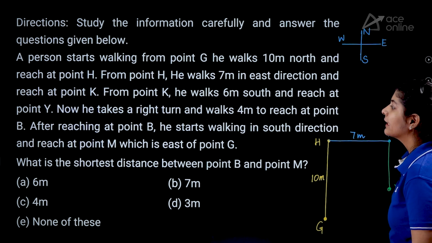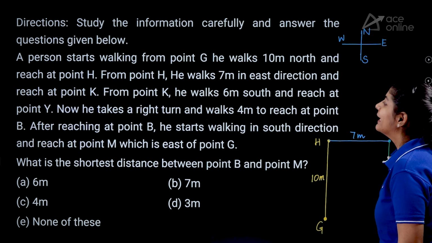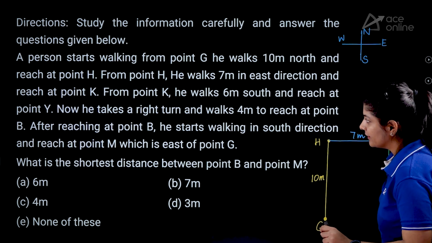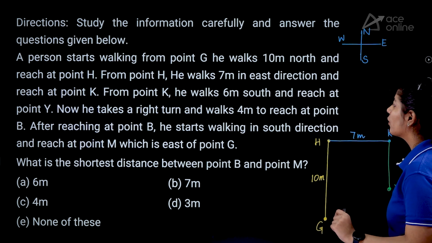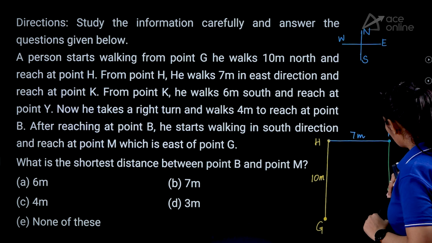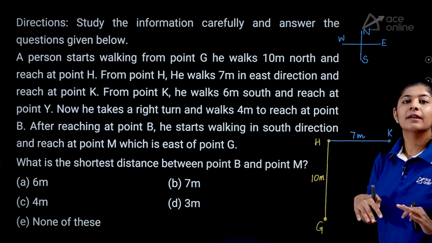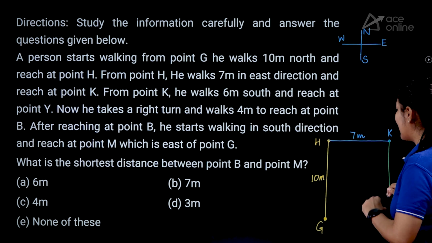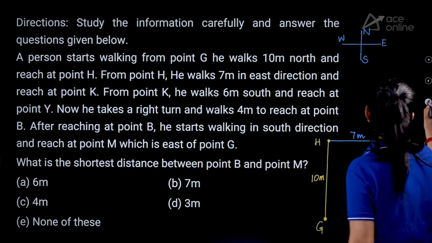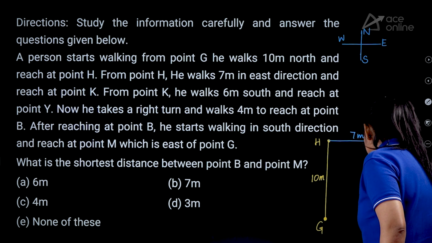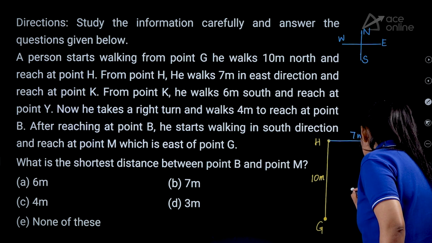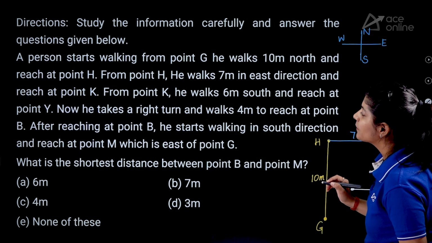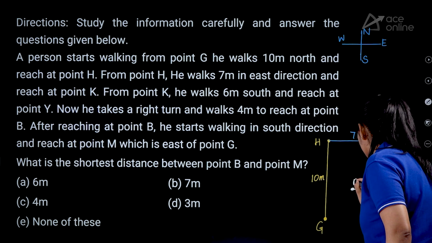Clear? Next. Now he takes a right turn and walks 4 meters to reach point B. So now from this point he has to take a right turn. Right turn means he has to move in the clockwise direction and he walks 4 meters. Let's suppose he will reach at this point, and this point is known as point B. Okay.